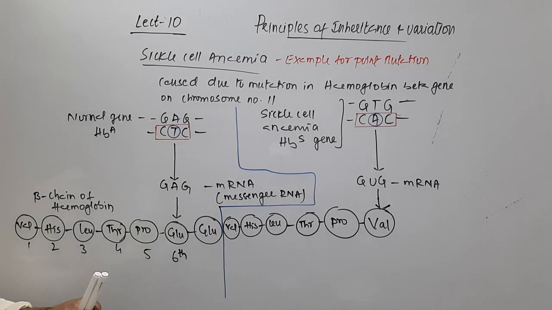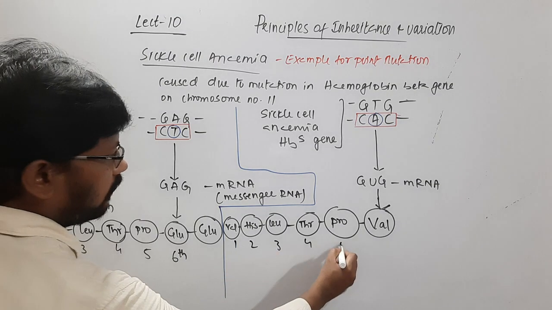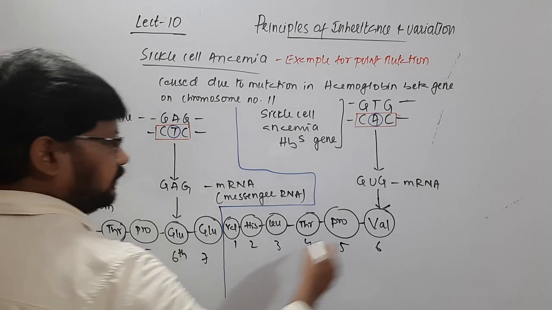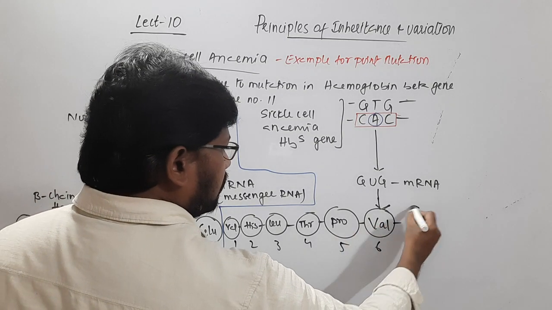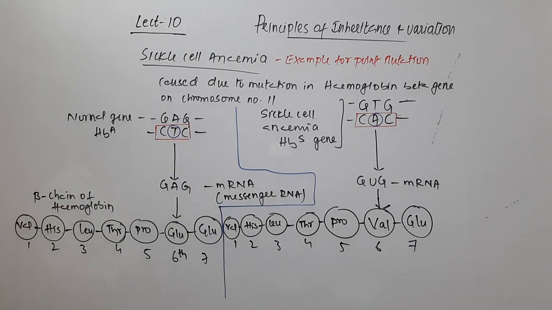So here this is the first amino acid. So 1 2 3 4 5 6, this remained as it is. Even here, the seventh one, the glutamic acid in the seventh position, also remains the same. Only at the sixth position in the beta chain can we see there is a change in the amino acid.